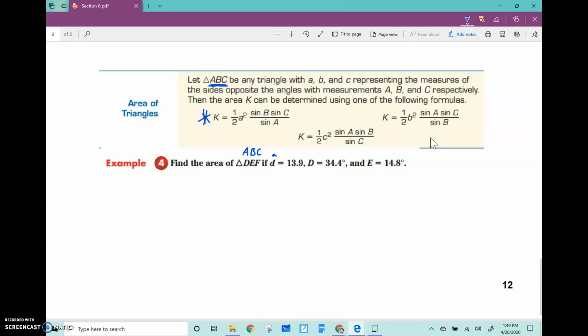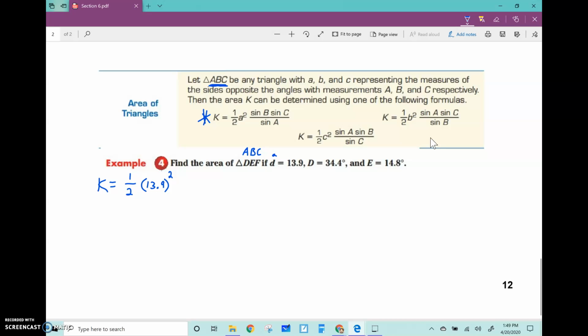So I'm going to say K equals 1/2 times A squared. In this case, the D is the A. So I've got 13.9 squared.